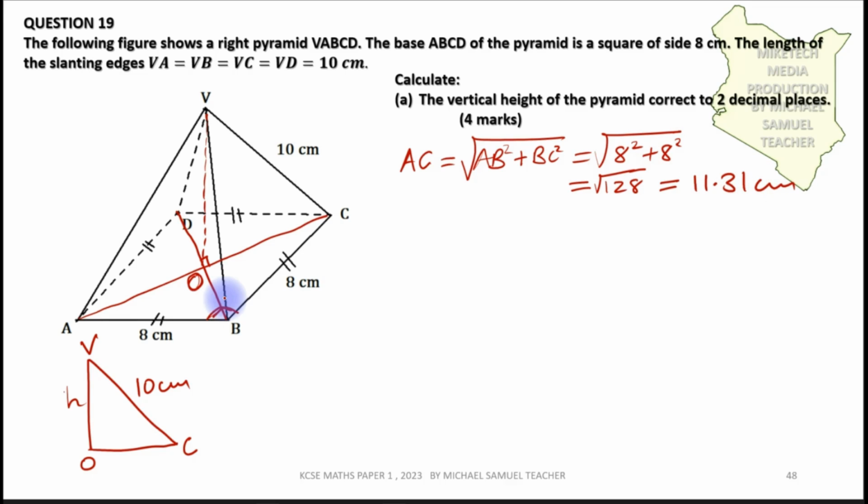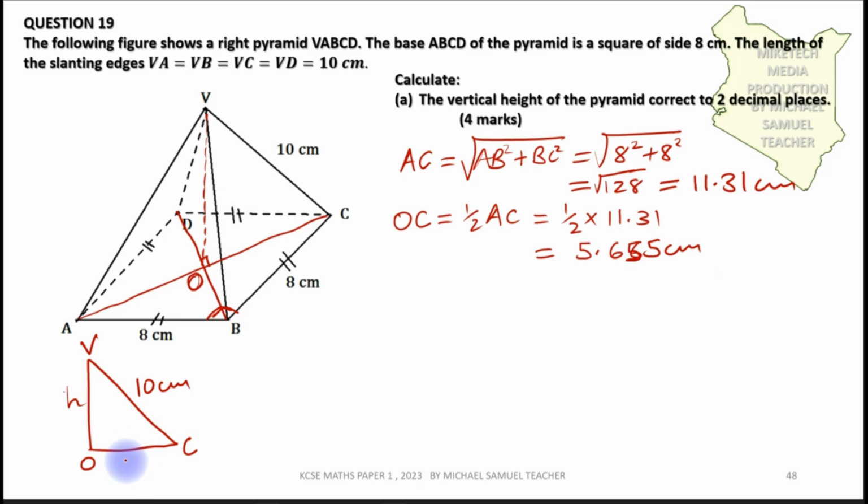So we need OC. OC is half of AC, and already we have AC, so that is half of 11.31. So we are going to get 5.655 centimeters, that's for significant figures.